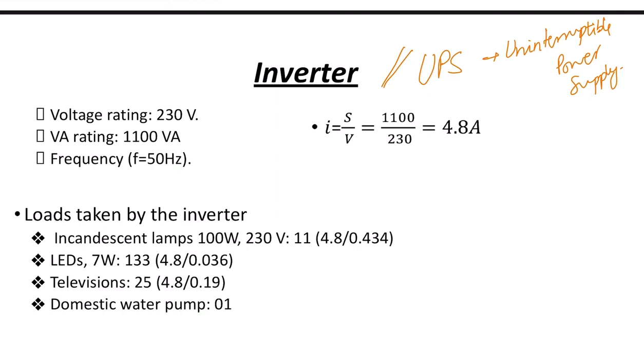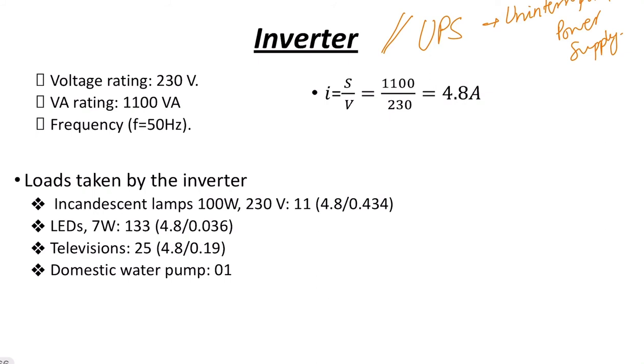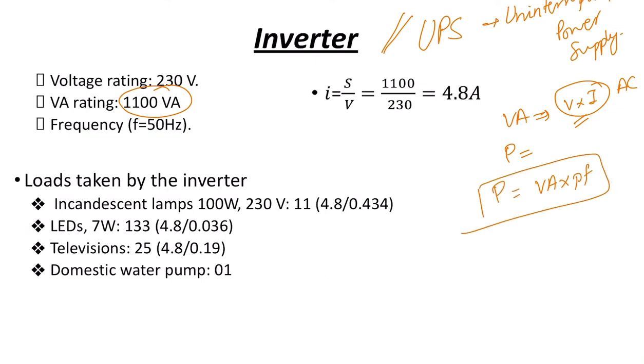So if the VA rating of the inverter is, VA is basically the product of V into I in case of AC circuits. In case of DC circuits, this is the simple power, but in case of AC circuits, this VA rating is just the product of V and I, and when you multiply this VA rating with the power factor, you get the actual power in AC circuits.